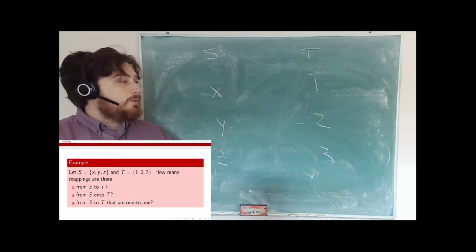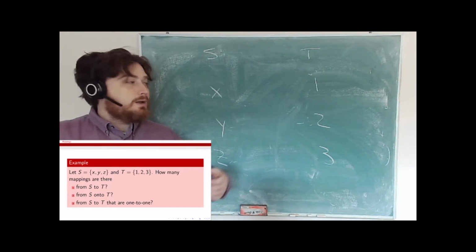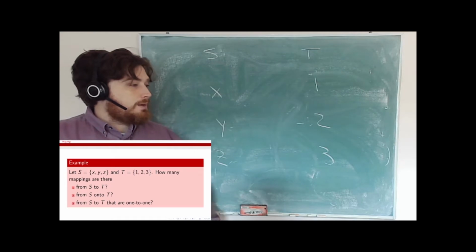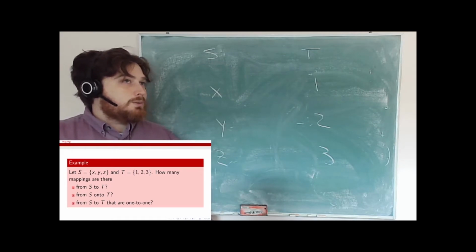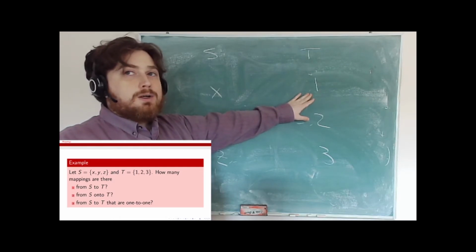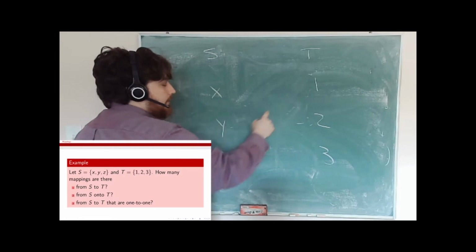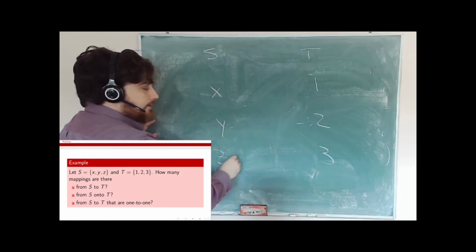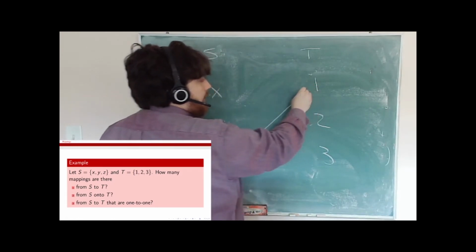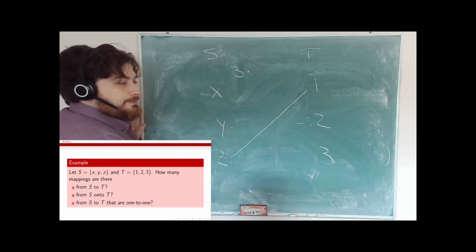On the other hand, if I want to count onto mappings, what I have to do is make sure that 1, 2, and 3 get mapped to from somewhere. So what I'm going to do is think about, well, if 1 has to get mapped to from somewhere, what are my options? Well, either X can go to 1, Y can go to 1, or Z can go to 1. So what we had so far is picking which goes to 1, I have 3 options.